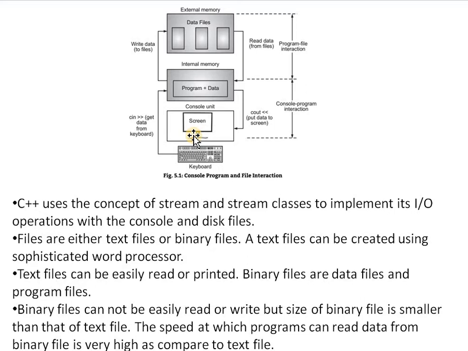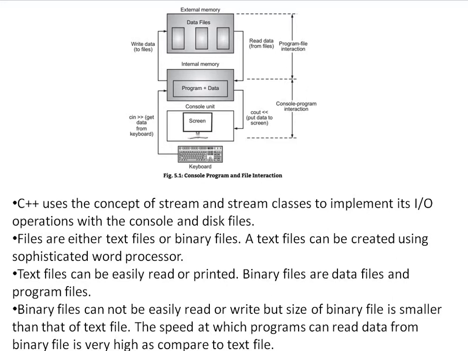In C++, we are now going to see how the operations are done with the text file. In this syllabus we are reading the contents of the text file and writing the contents of the text file. In short, we are going to see how operations can be performed on the text file.